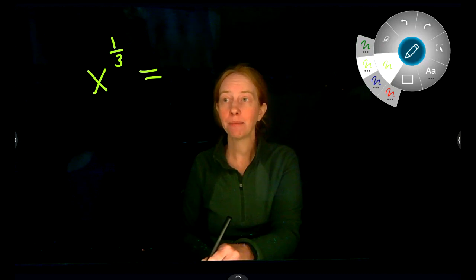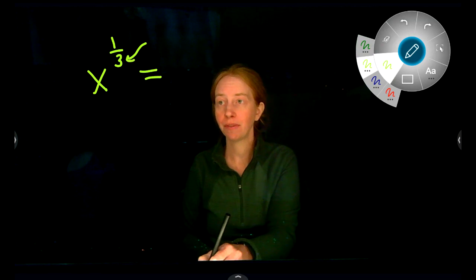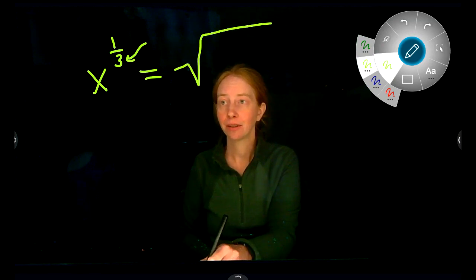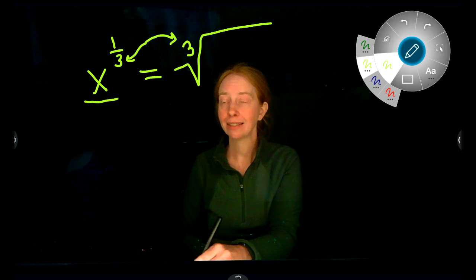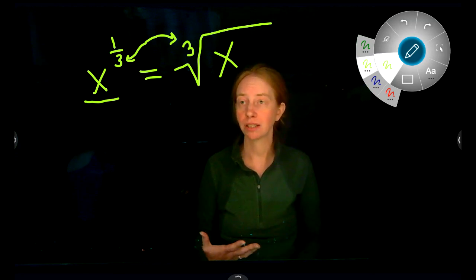The number at the bottom of that fraction is our index, so we put the 3 right here. Whatever the base of our exponent is, that's our radicand. And so that's how you would convert this.